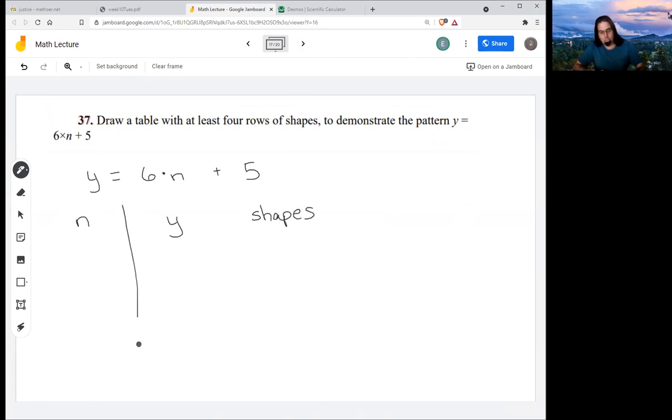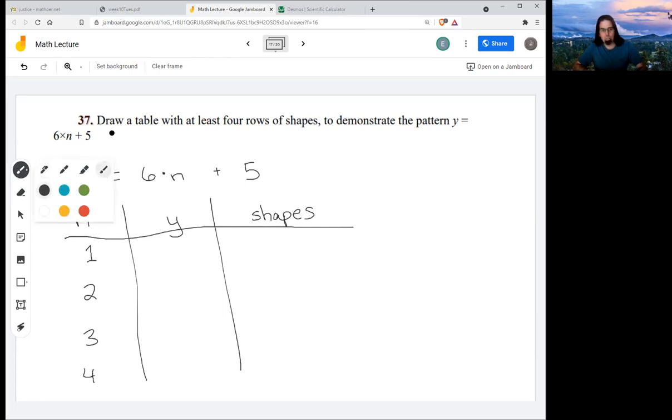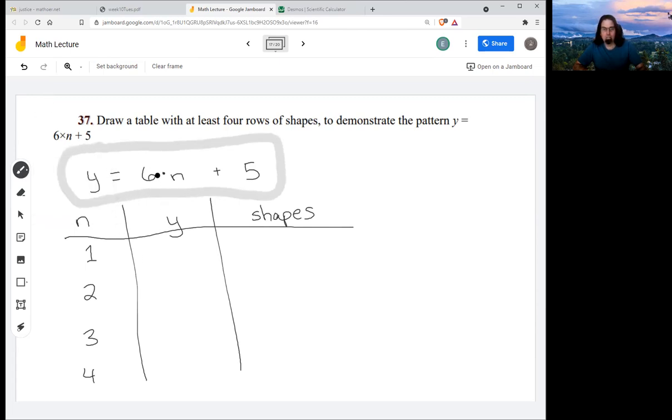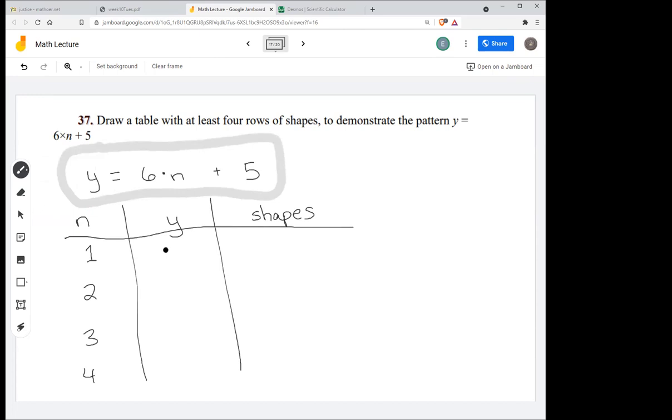Don't make this harder than it's supposed to be. So 1, 2, 3, 4. If I plug N equals 1 in, what do I get out? 6 times 1 plus 5. 11.